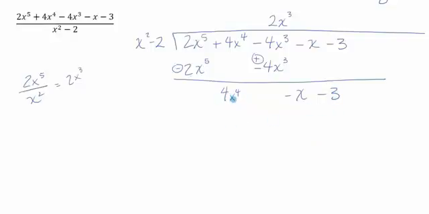So 4x to the fourth divided by x squared is going to be 4x squared. So we put that here. You'll notice here we don't have an x squared. So what we need to do is make sure that we put in a placeholder.